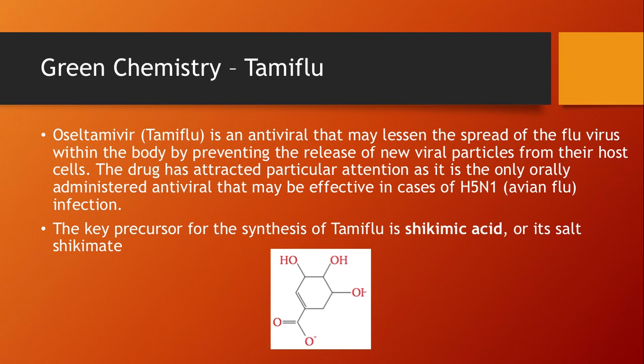This drug has attracted particular attention as it is the only orally administered antiviral that may be effective in cases of H5N1 infection, which was the avian flu. Now, the key precursor for the synthesis of Tamiflu is shikimic acid, or its salt, shikimate, okay, which we can see a picture of there below.